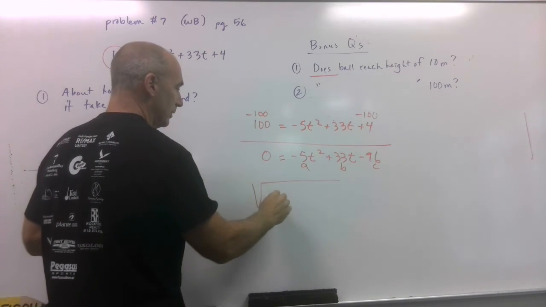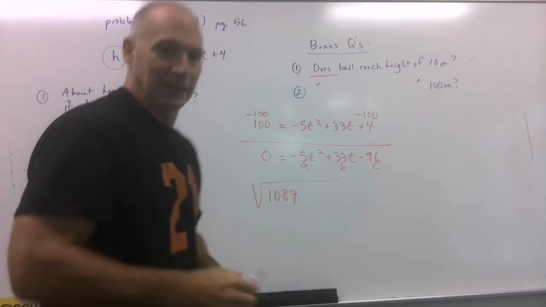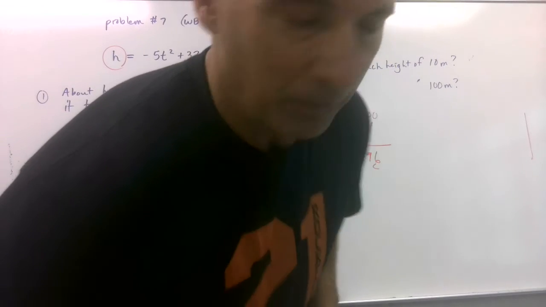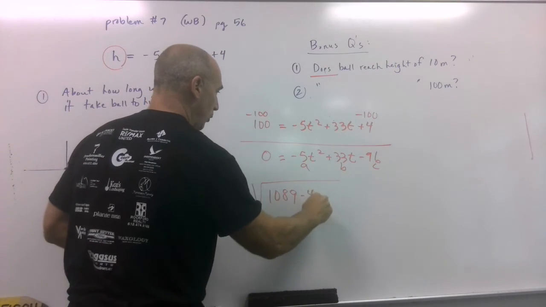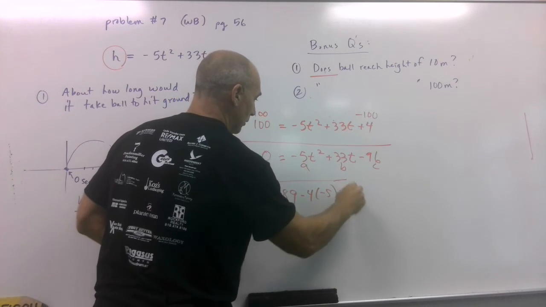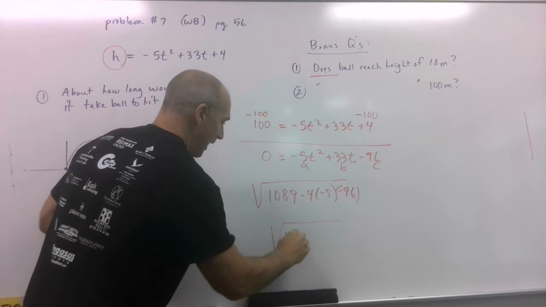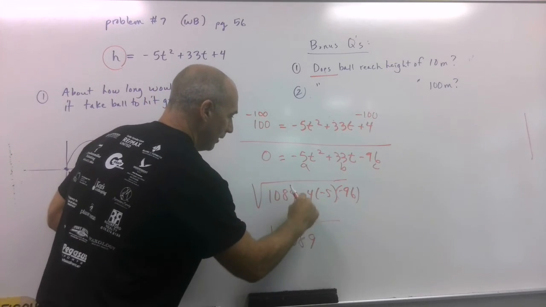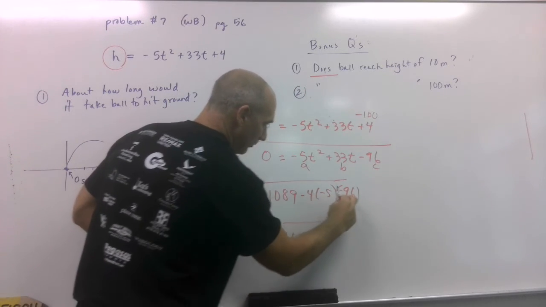So b squared is 1089. So that's b squared minus 4 times a times c. Now look what's about to happen. So I get the square root of 1089. Negative, negative, negative is going to give me minus. I don't know what 20 times 96 is.